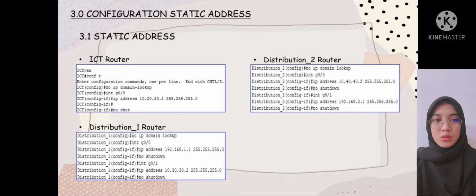For the distribution 2 router, we configure no ip domain-lookup and interface G0/0 with IP address 10.40.40.2 255.255.255.0 and for interface G0/1 with IP address 192.168.2.1 255.255.255.0.